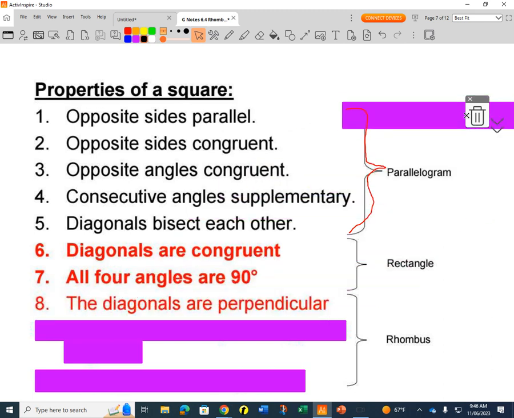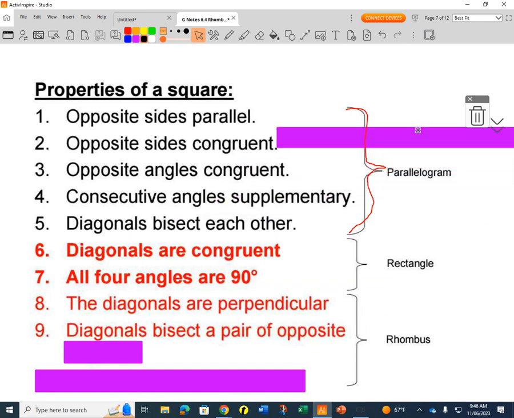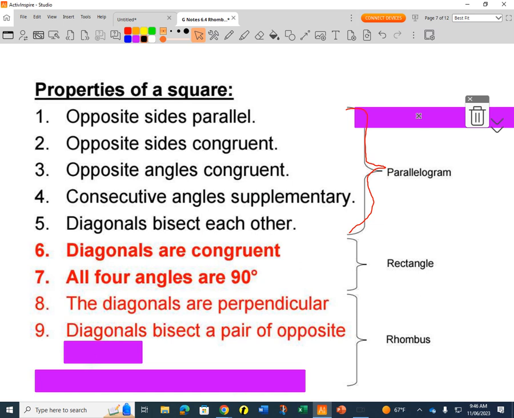The diagonals are perpendicular, just like in a rhombus, because squares are rhombuses or rhombi. Just like in a rhombus, diagonals bisect a pair of opposite angles.